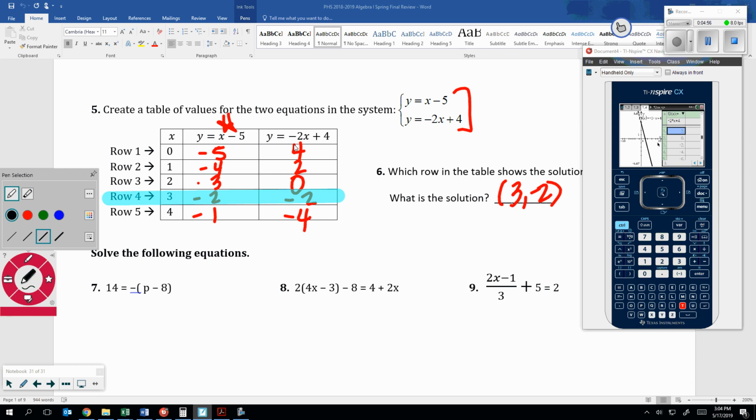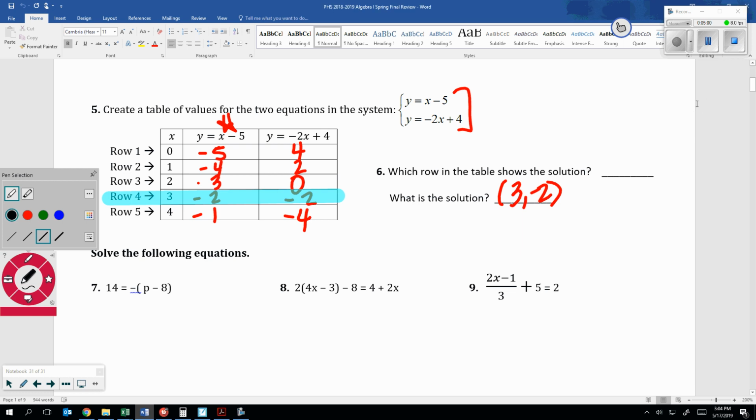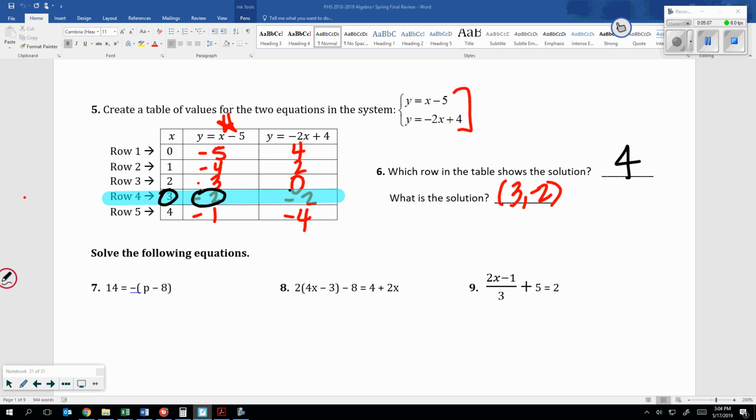So that tells us our solution is (3, -2). So this was proven right, so either way works, it just depends on how they give it to you on a final.